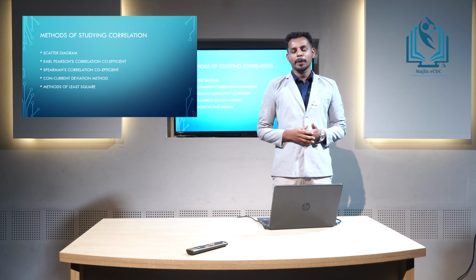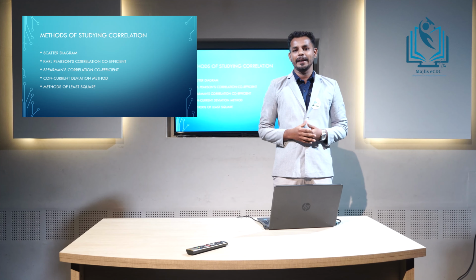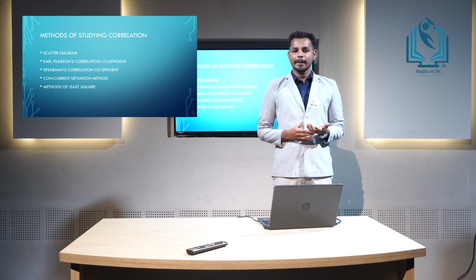This method was propounded by Spearman, hence the name. We have three methods in Spearman rank correlation. In some cases ranks are given, and in others ranks are not given, so there are various methods for these cases.